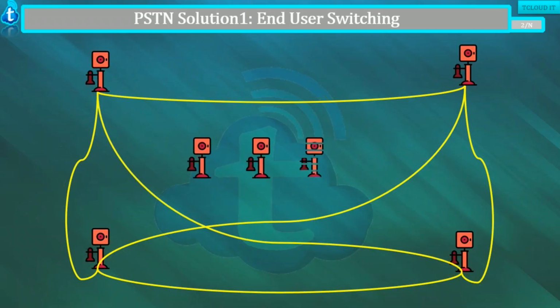But the biggest problem is that when the devices keep on increasing, the number of wires will keep on increasing. At one point, if there are 1,000 devices in the world, then from every device you need to lead 999 wires out, and those 999 wires will be leading to the remaining 999 devices. And the job for the user becomes much more complex.